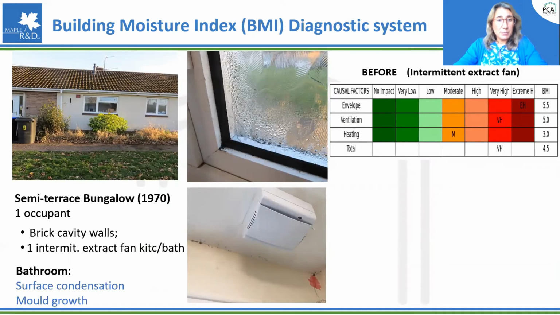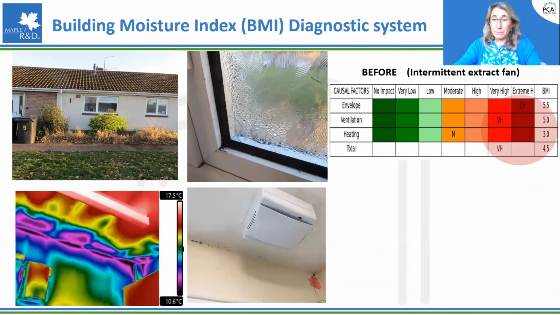And this is another example of a semi-terrace bungalow from the 70s with one occupant, brick cavity walls, and one intermittent extract fan in the kitchen and the bathroom that was not working. The bathroom was suffering with surface condensation and mold. The data shows, after applying the BMI system, a very high moisture imbalance of 4.5 out of 6.